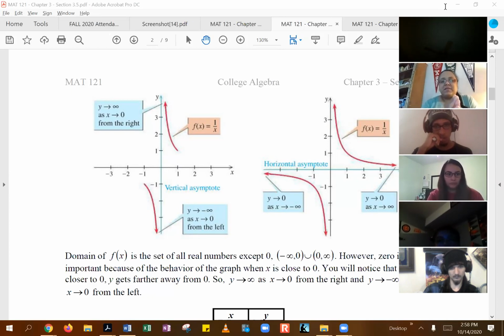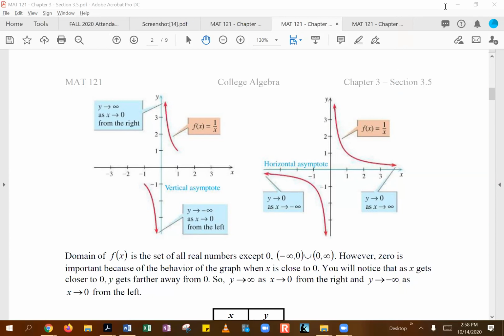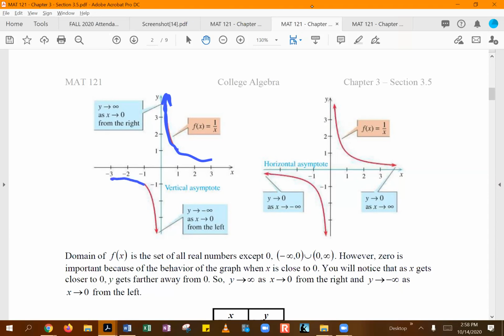So if you look at this graph for the function 1 over x, you will see as this arm of our graph gets closer and closer to the y-axis, it starts heading upwards. Same thing's happening as we come from the left-hand side and get closer to the y-axis. This arm of our graph starts going downward.